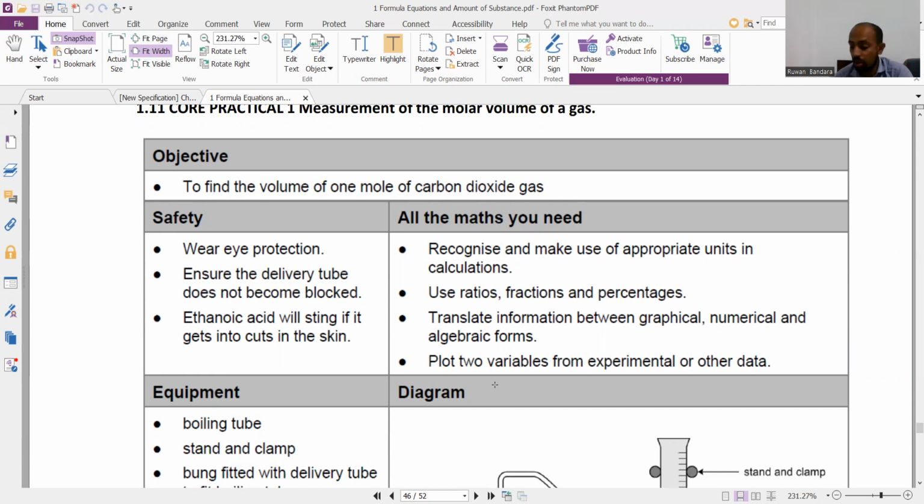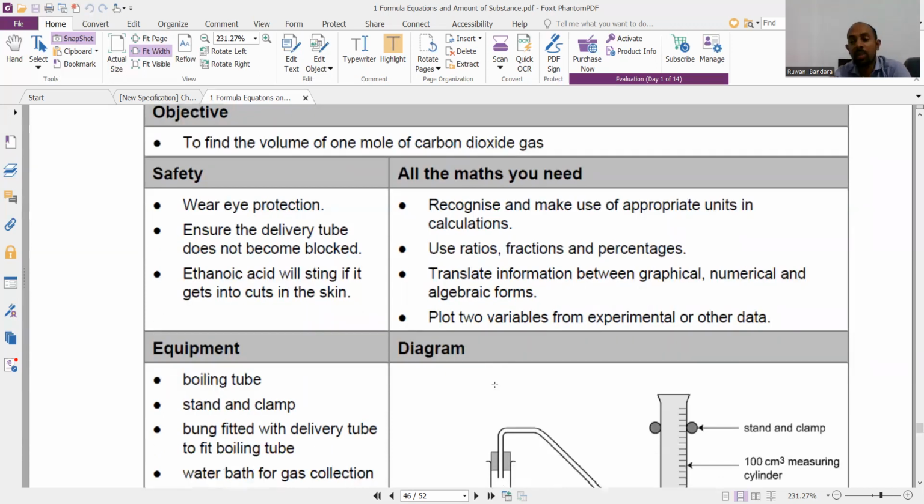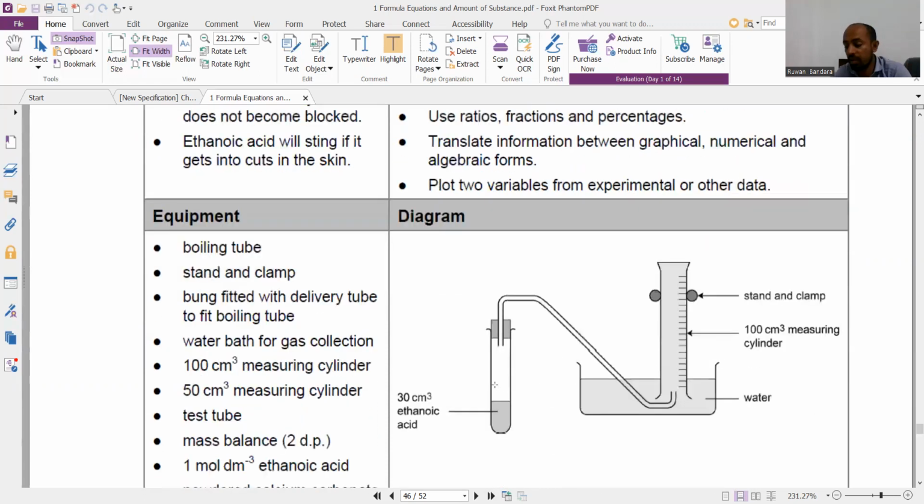You won't be asked these parts, but typical mistakes are coming to class with no calculators, no pencil and all. In this paper, they will give these values and might ask you to plot a graph and find some value.